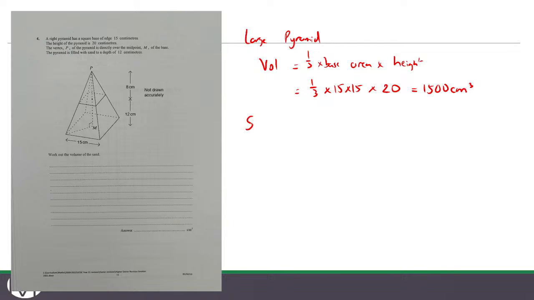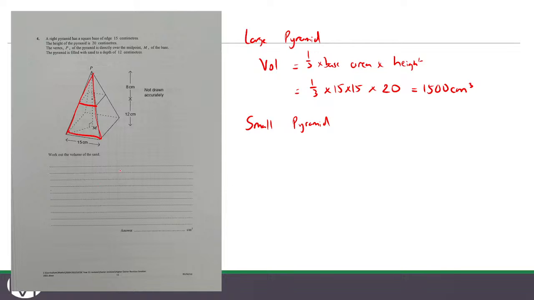Now the small pyramid, there's a bit of maths we need to do before we get to the small pyramid, and this bit of maths involves similar triangles. So what we don't know is this length here, so we can't find the base area. However, what we have here are two similar triangles.